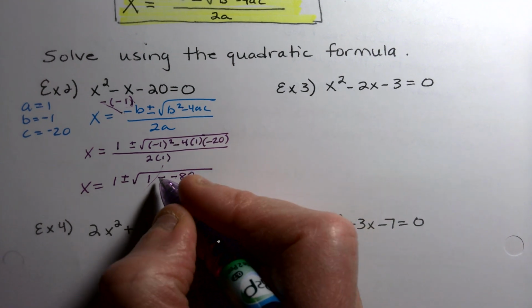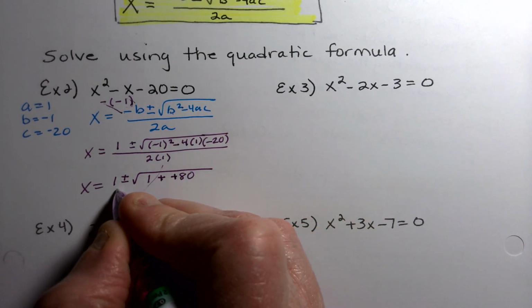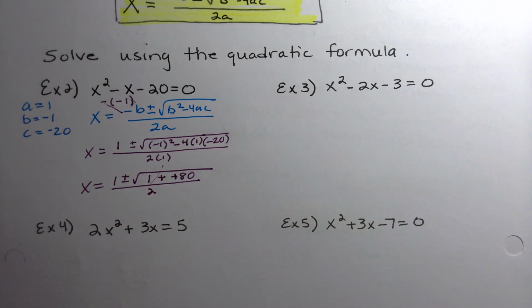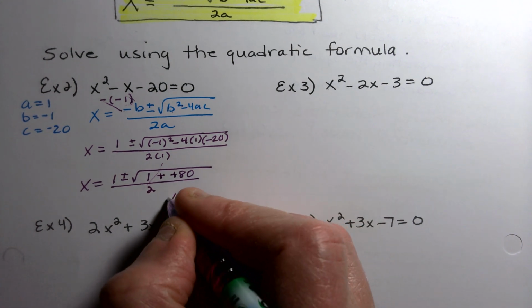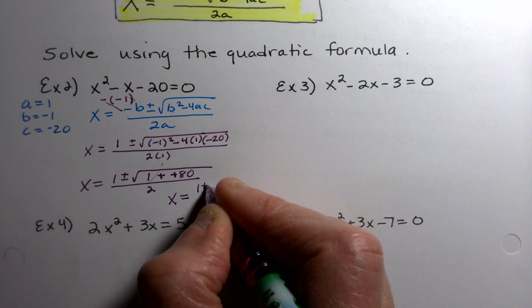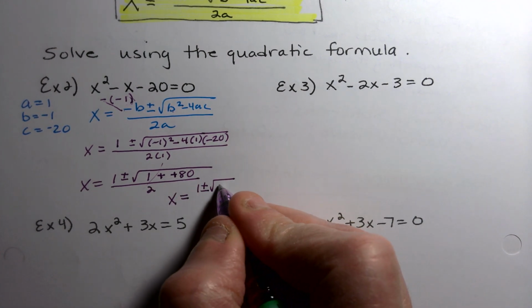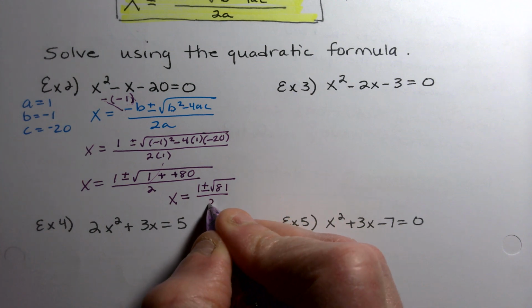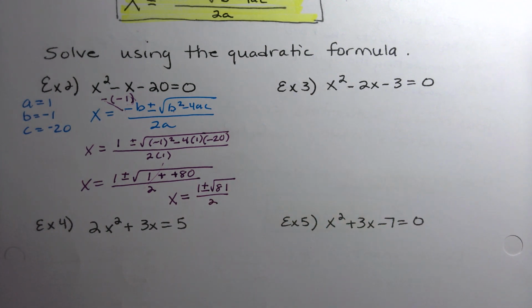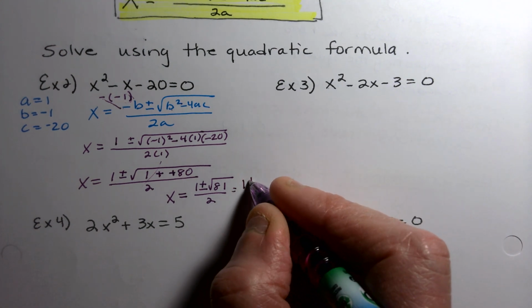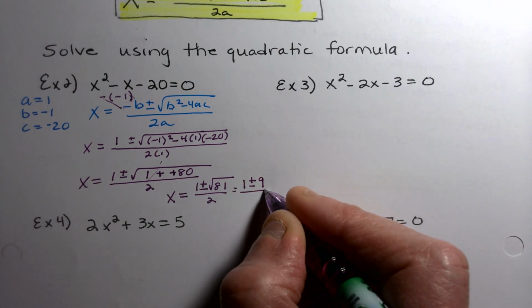Together they give you what? A positive. All over 2 times 1, which is 2. Okay, x equals 1 plus or minus the square root of what? What is this? 81 all over 2. Well, that looks nice because the square root of 81 is what? 1 plus or minus 9 over 2.